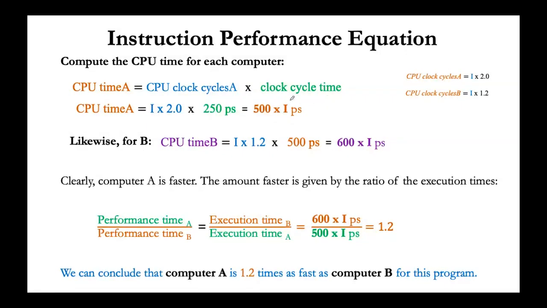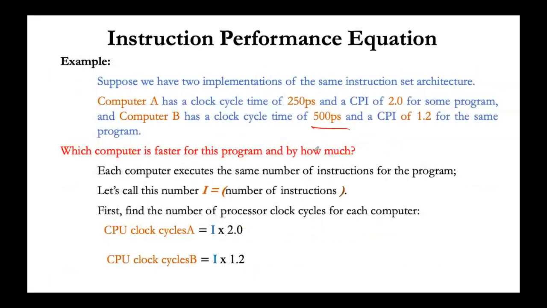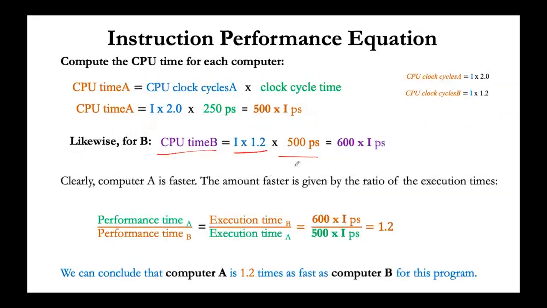Similarly, likewise, this instruction may be any number in your program. So likewise for B, the CPU time of B is its CPU clock cycle time, which is 500 here, multiplied by the number of instructions.